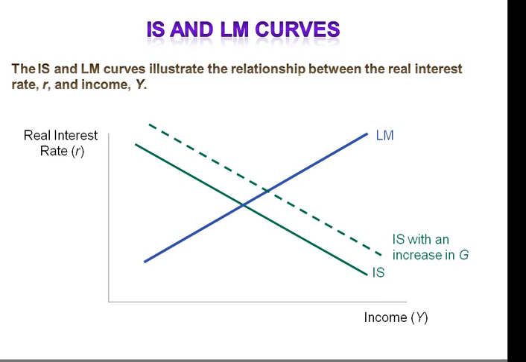IS shifts with an increase in G. So government expenditures are increasing. So it means aggregate demand increases. It means the demand for goods is increasing, and the equilibrium in the goods market is increasing. So what is happening? Okay, we have a shift in the LM curve because of M, the money supply.